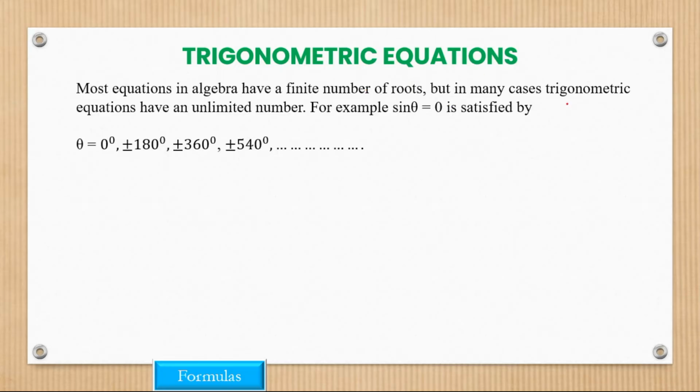But in many cases, trigonometric equations have an unlimited number. For example, sine theta equal to 0: if you want to find the value of theta, there will be an infinite number of values of theta that can give you sine being equal to 0. So the sine of each of these values here will be equal to 0, and this continues infinitely.